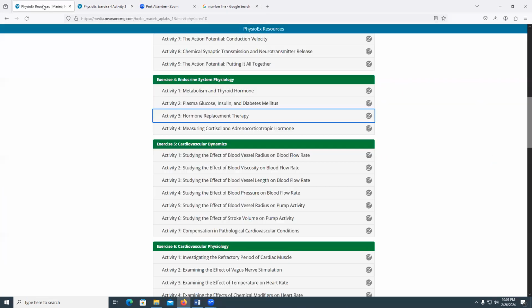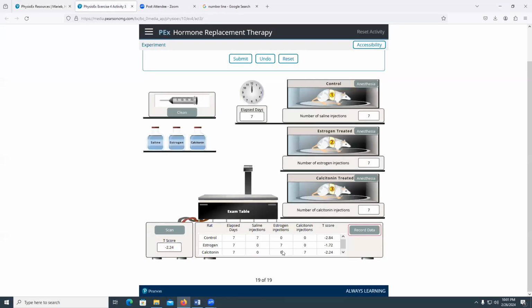So that shows you that calcitonin is closer to my control group, and the estrogen is more effective in building the bone mass, because the more negative we are, the better will be our vertebral bone density.